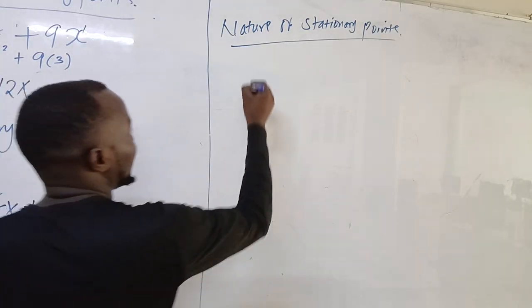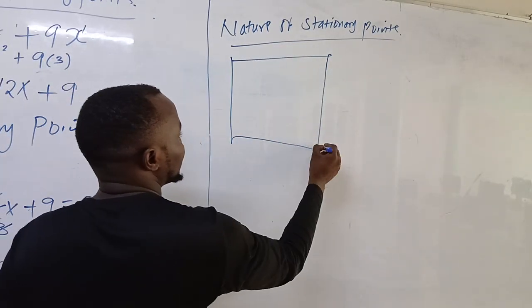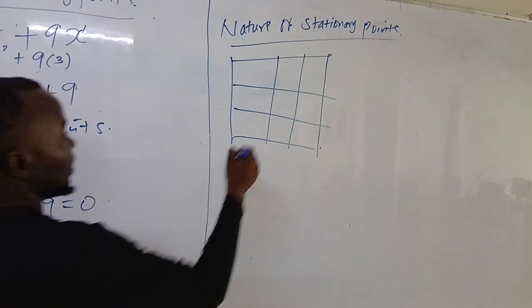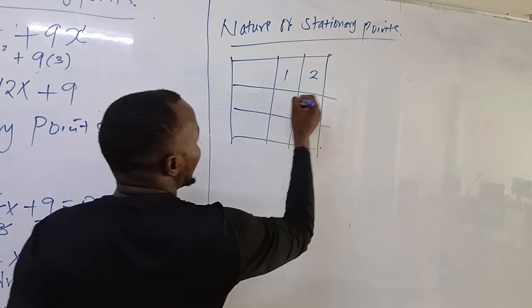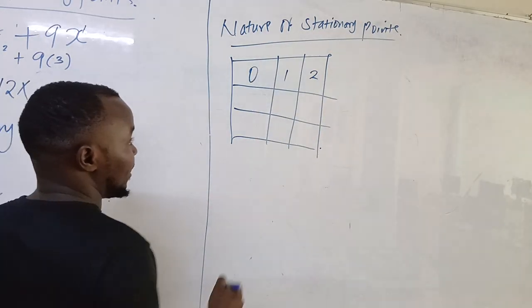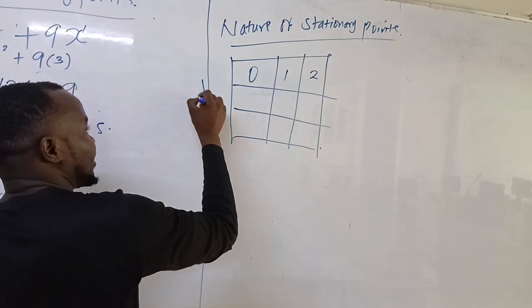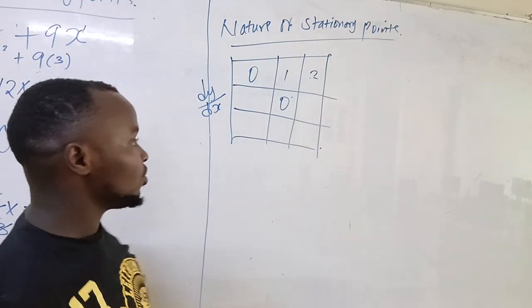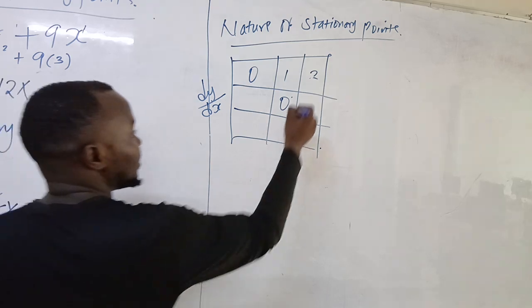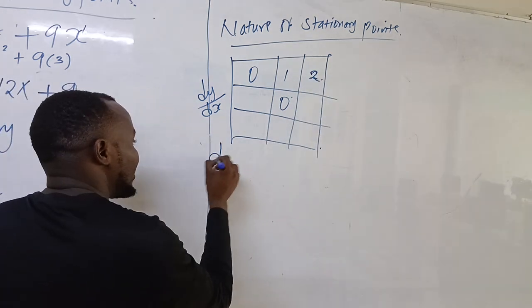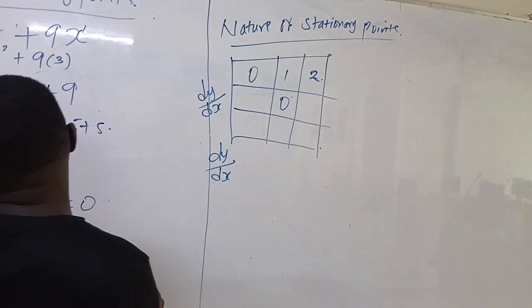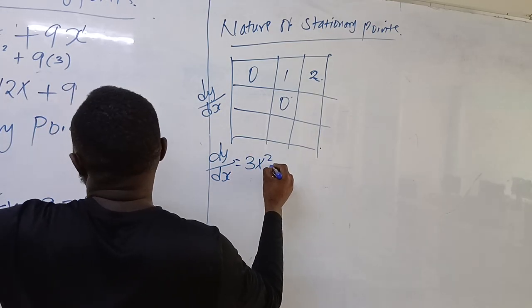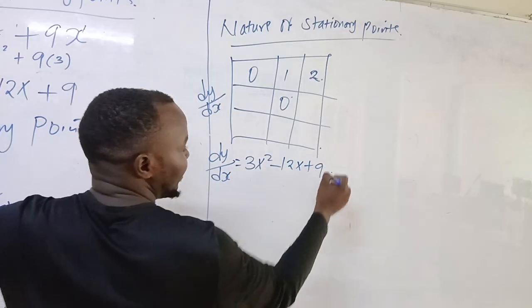So we shall have our table where x is 1, the neighborhood of x is 2 and 0. Obviously here the dy dx of the gradient is 0. What about that 2? You replace these in our dy over dx, which we were able to find, which was 3x squared minus 12x plus 9.